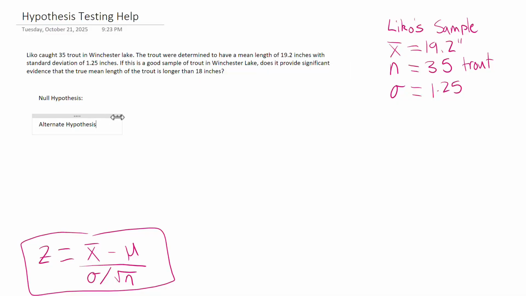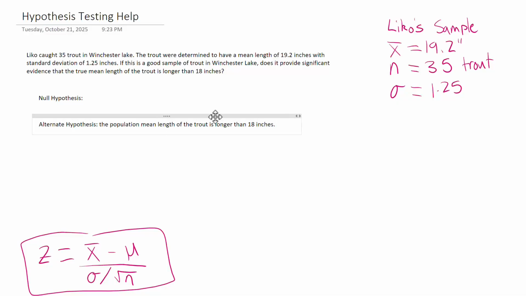The way I like to write this down is I usually write the alternate hypothesis first. In this case, the alternate hypothesis is given to us. Is there significant evidence that the true mean length of trout is longer than 18 inches? So that's our alternate hypothesis. The population or true mean length of the trout is longer than 18 inches.